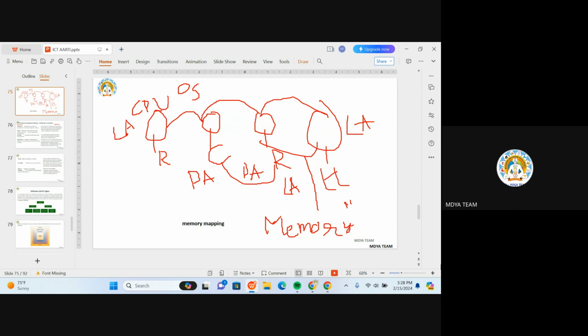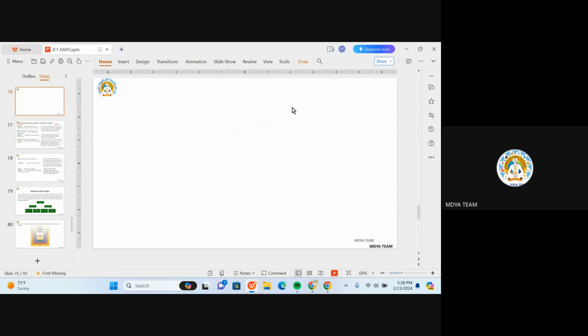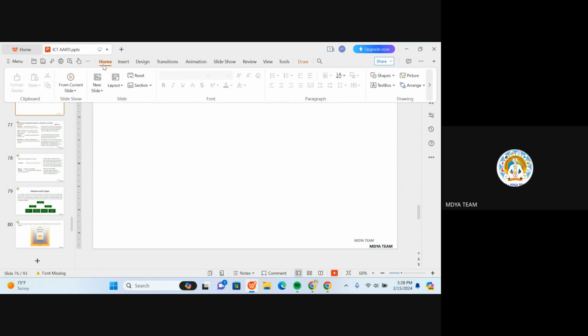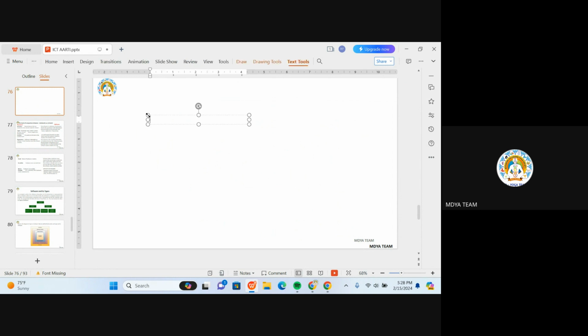So next we will understand what is in secondary devices, and how to store data in secondary devices. Data is stored in the form of pages. But remember these points.